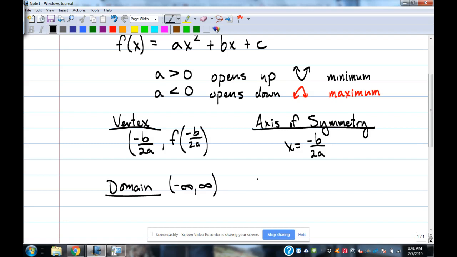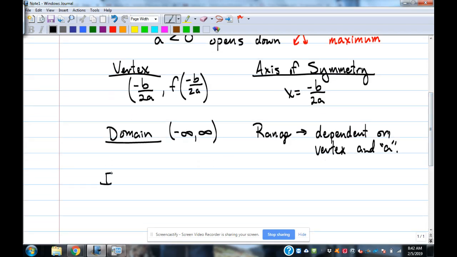The range is dependent upon the vertex and the a value, and I'll put a in quotes.